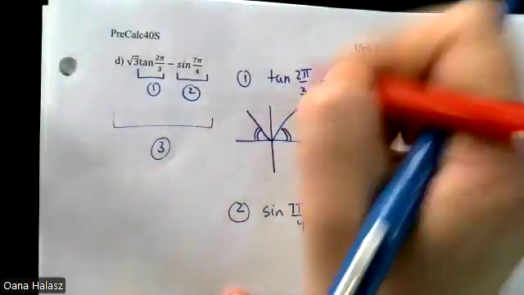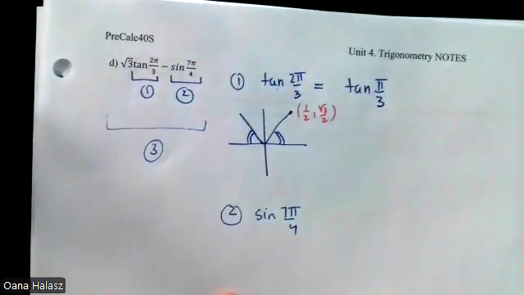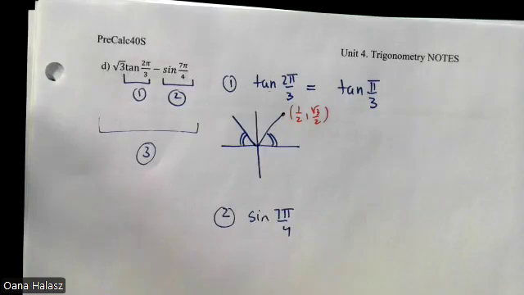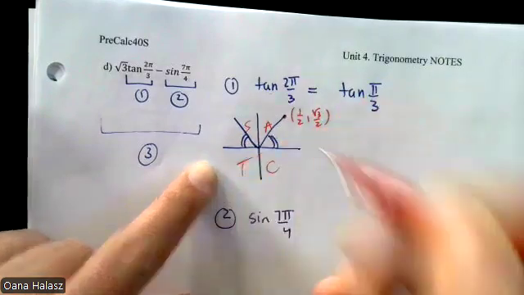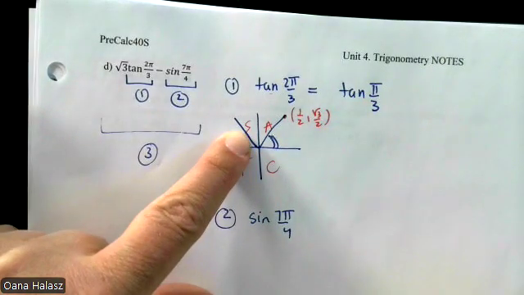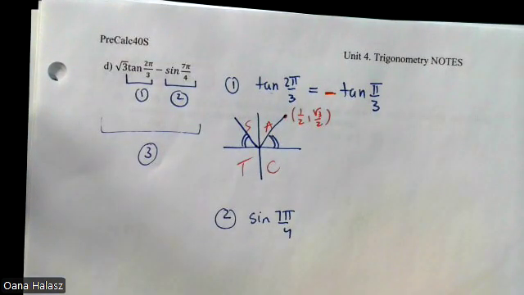And the point that we have to use is the 1/2 and square root of 3 over 2 for the pi over 3 family of angles. So if I'm looking to use the CAST rule, only sine values are positive in quadrant 2. All the other ones are negative, right? Including tangent values. So I'm just going to put a negative there. Make sense?